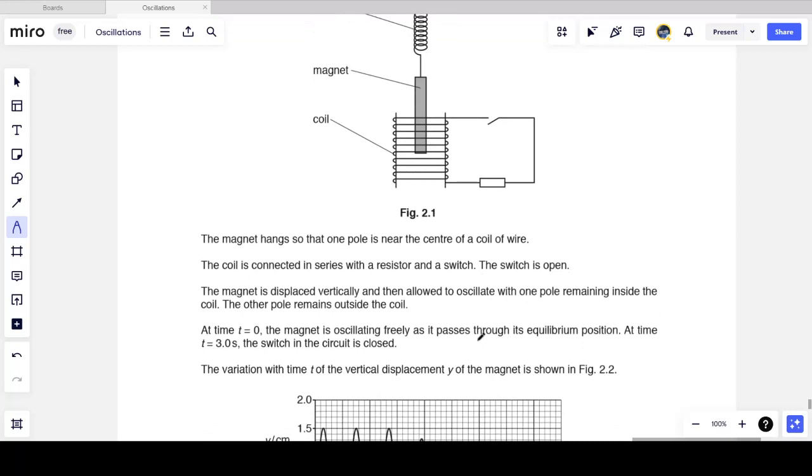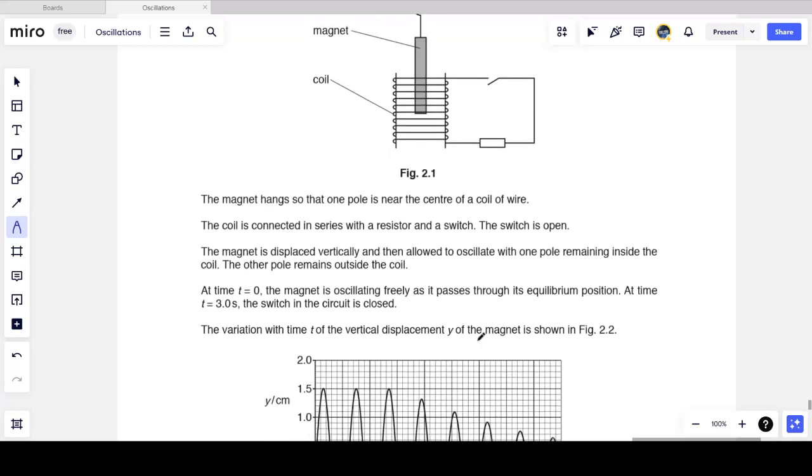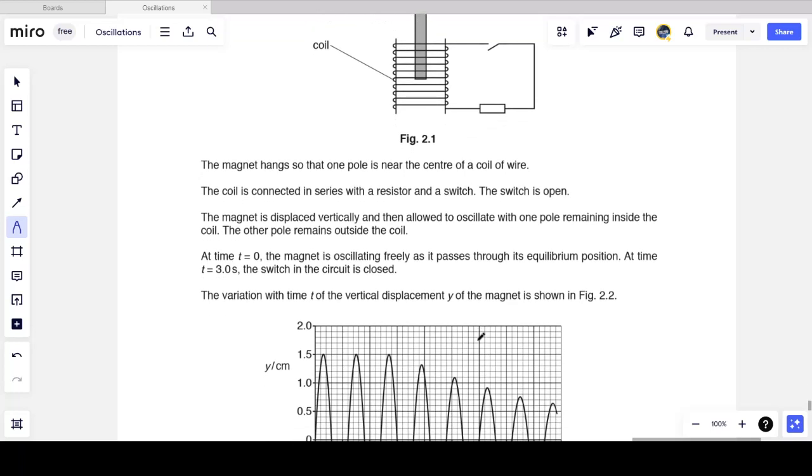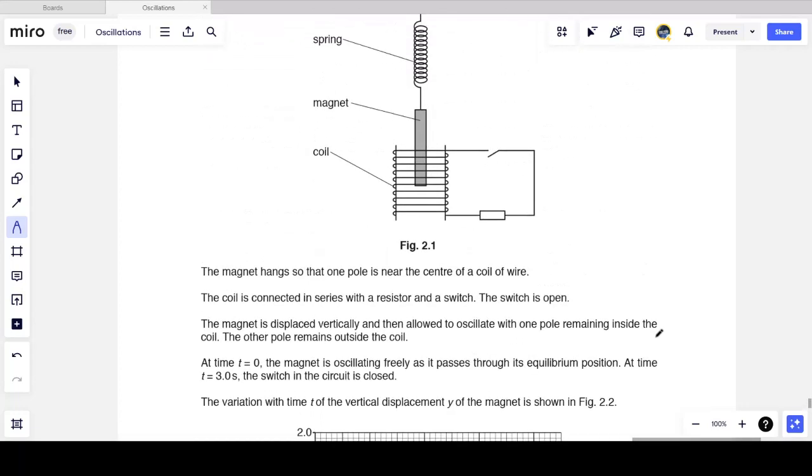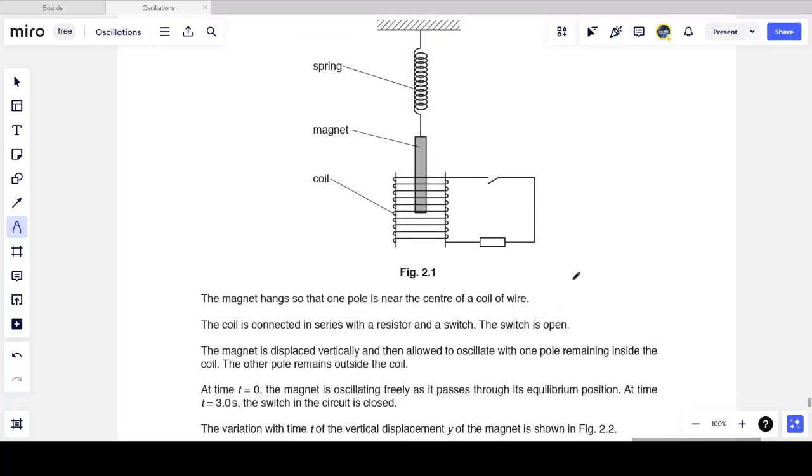At time t equals 0, the magnet is oscillating freely as it passes through its equilibrium position. And at time t equals 3 seconds, the switch in the circuit is closed. Now the variation with time t of the vertical displacement y of the magnet is shown in the figure. So we can see that once the switch is closed in the circuit and there's a current passing through the coil, the magnet starts to get damped.